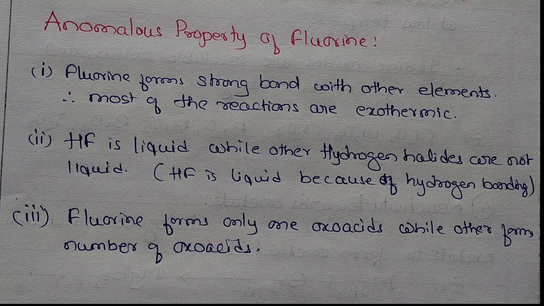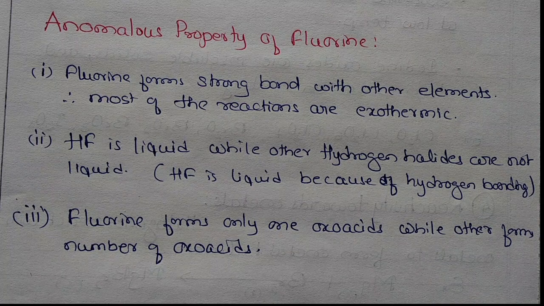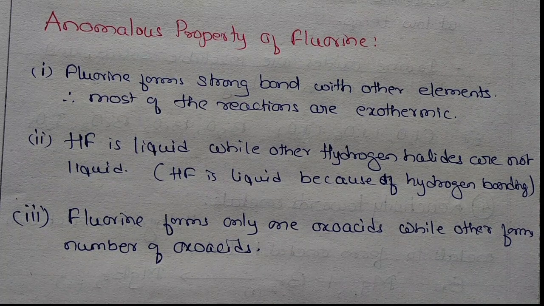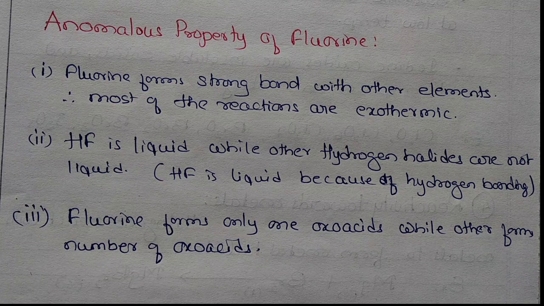So now let us go for the first compound of this, that is chlorine. How you are going to prepare chlorine and some of its important properties, we are going to discuss now. Chlorine can be prepared in the lab as well as manufactured with a different process.